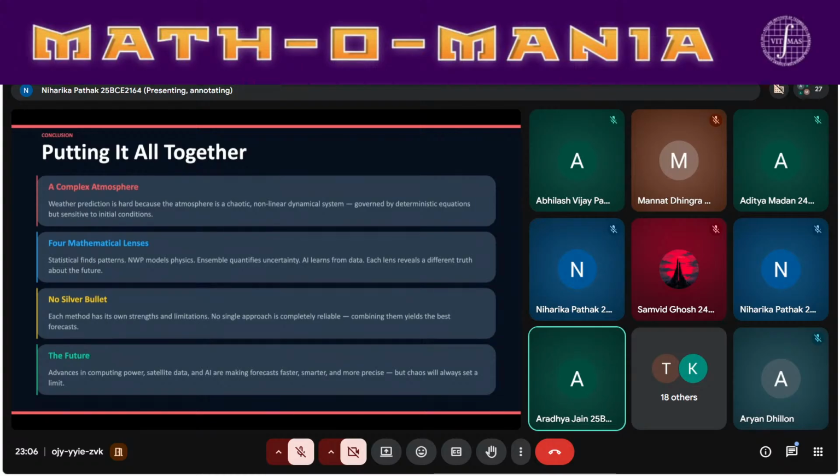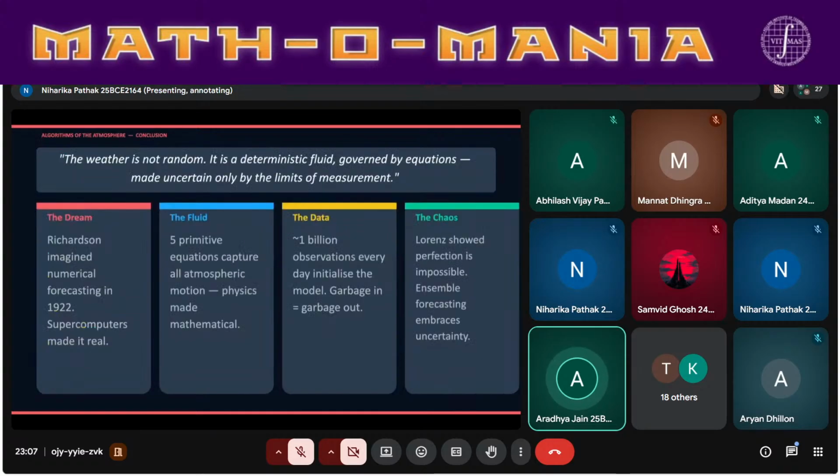So if we could advance computing power, reduce those expenses, and have more ability to solve the different kinds of equations, then it will give us far more precise results. But one thing will be certain, that chaos will always set a limit, and that is something I think we have all understood by the end of this lecture.